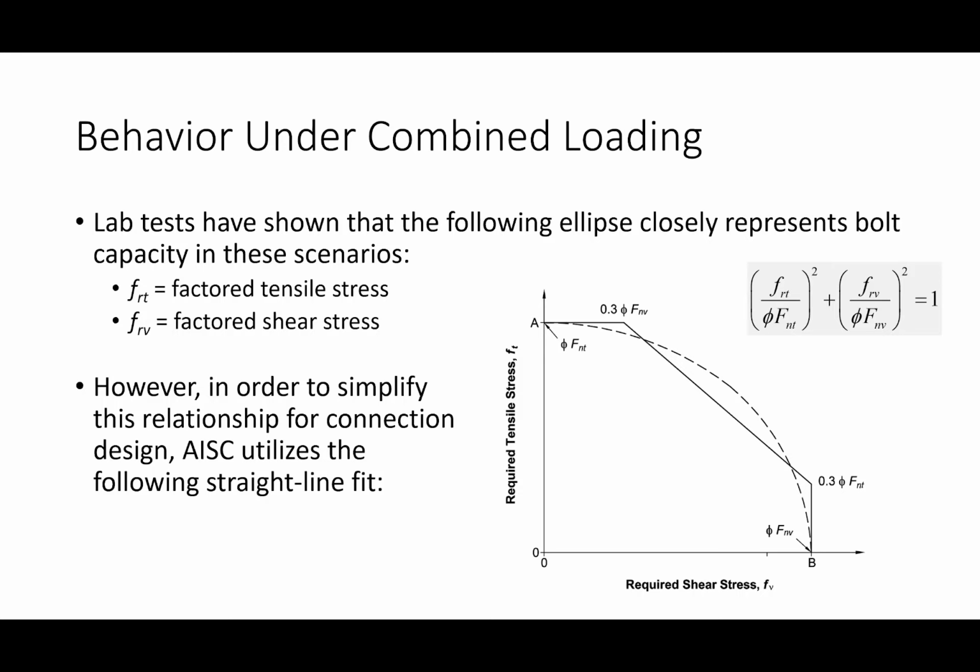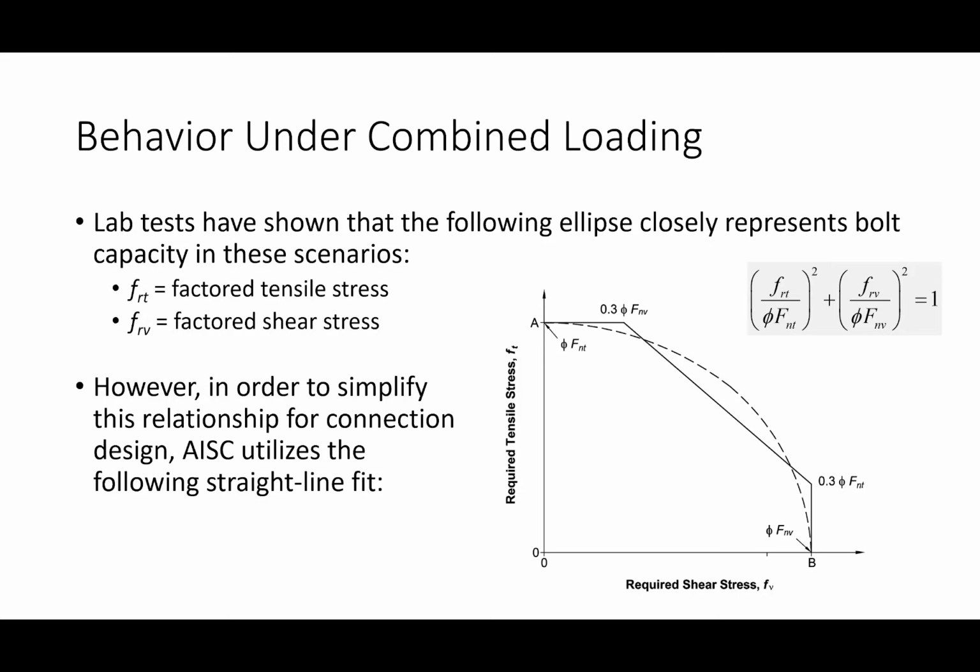Do you think this interaction effect is really going to matter all that much if I have a bolt group that's got 100 kips in tension and 2 kips in shear? It's not going to matter, right? The spec is saying it's not really going to matter until that ratio gets above 30%. If you have 100 kips in tension and like 80 kips in shear, that's a different story. That's a lot of shear compared to that tensile load.